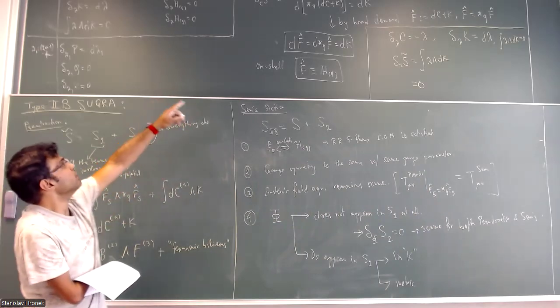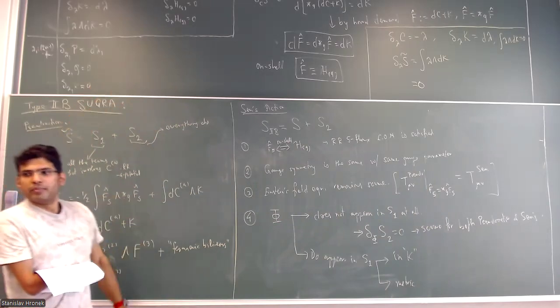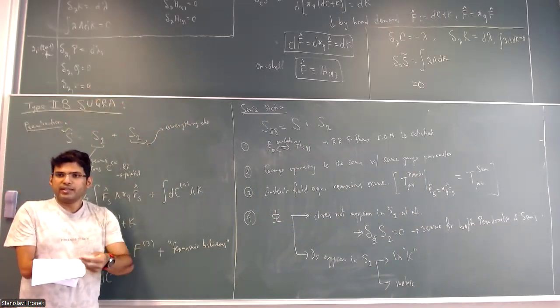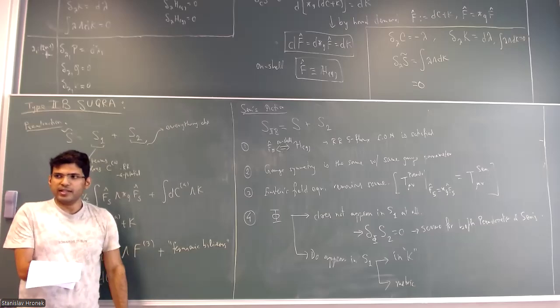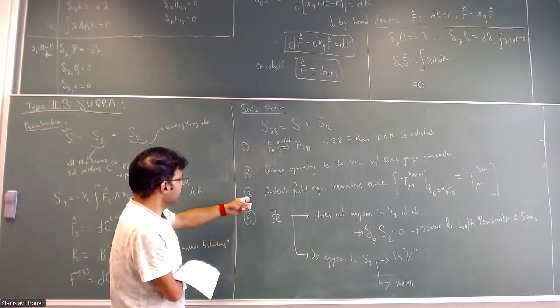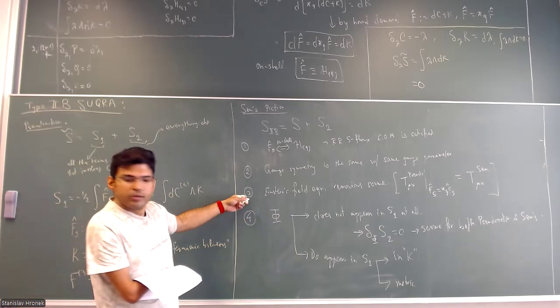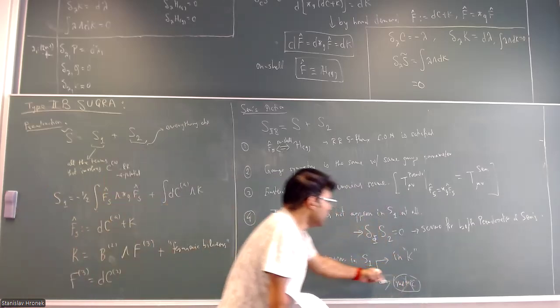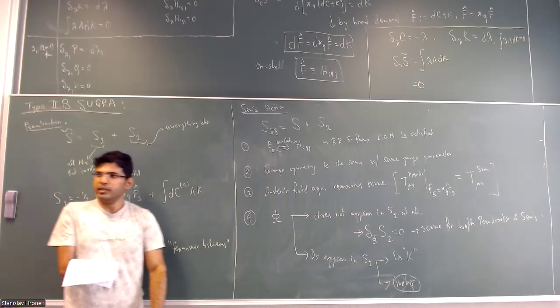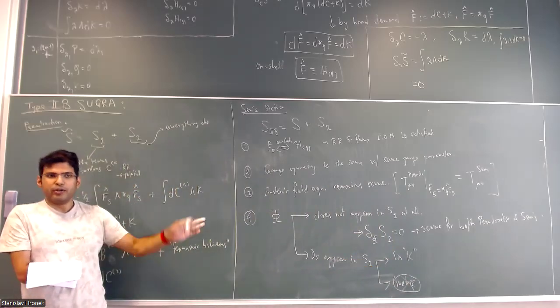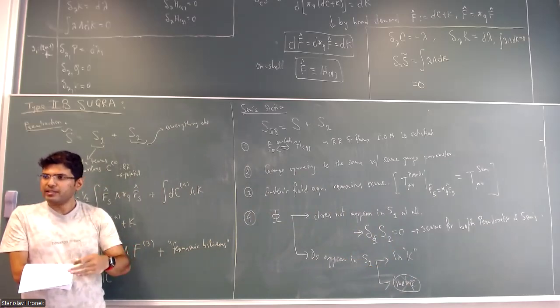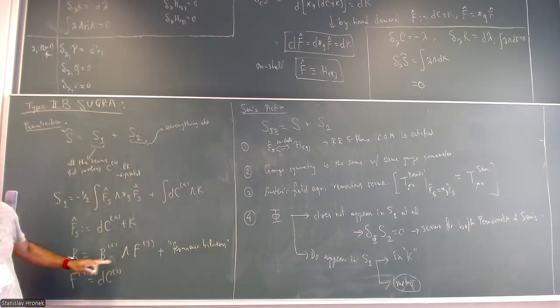Or if you want to think of Ashoke's action, there's an M sitting there. But when you vary with respect to the metric, that is precisely the stress tensor thing. So this is already covered in this third point. So don't worry about the metric. So these are the only kind of fields for which we need to establish that the equations of motion are not changed. These are the fields which appear in the definition of K.